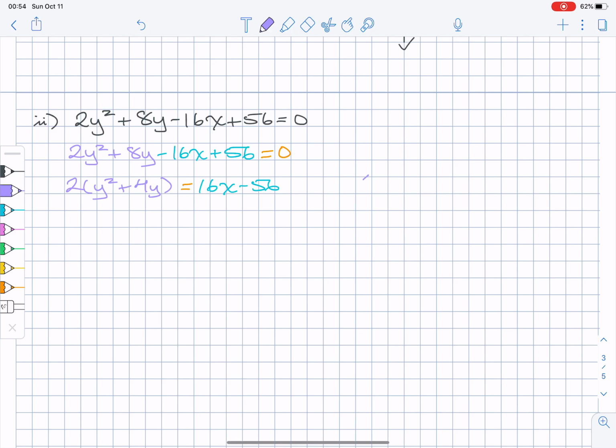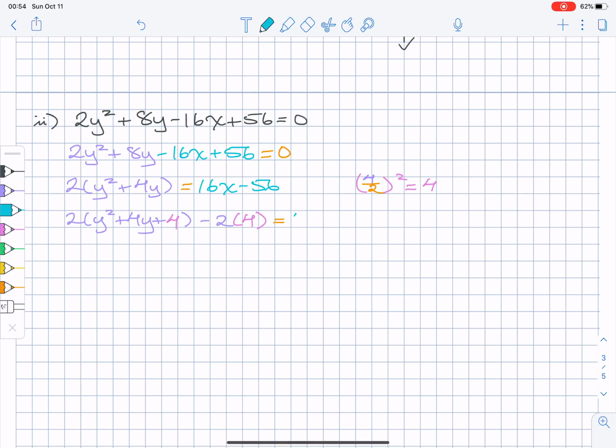Now let's take half the linear coefficient in purple and square that, so we get 4. So that's what I want to add inside the parentheticals. But whatever I add, I have to subtract back out. So I'm subtracting out 2 times 4.